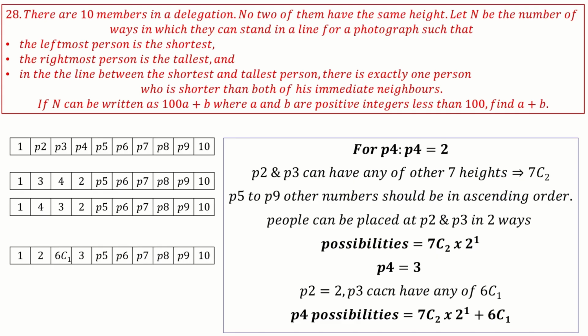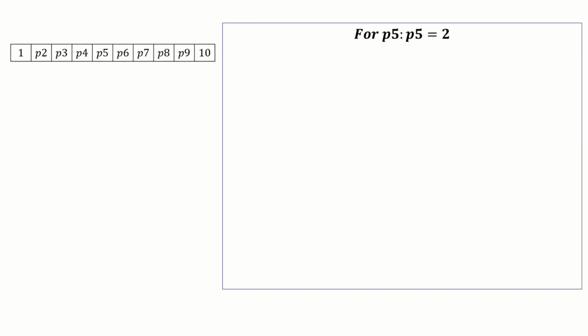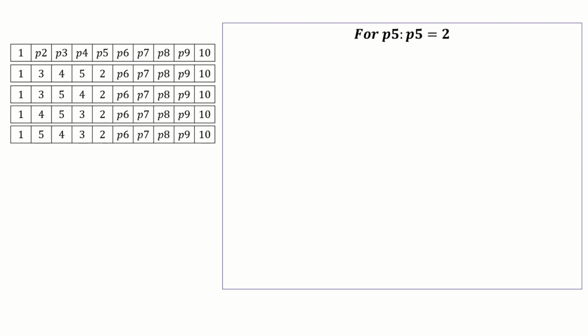Okay, now we will just extend this for one more position and see if there is a pattern coming. So for position 5, position 5 can have 2, 3, 4. All three are possible. So position 5 equal to 2: if you take 2, these are the possibilities, correct? I can have any 3 in P2, P3, P4, that is 7C3 ways.